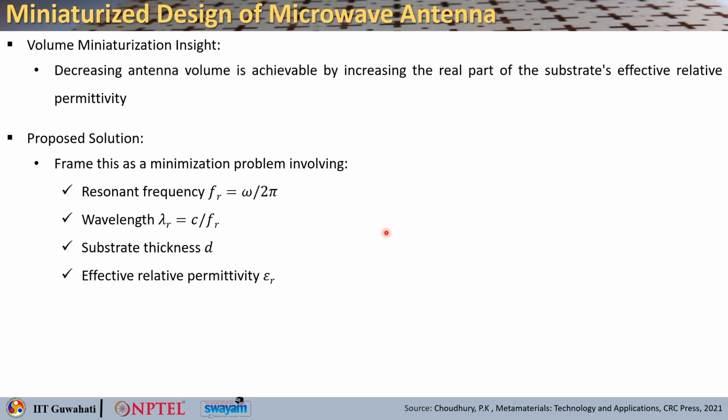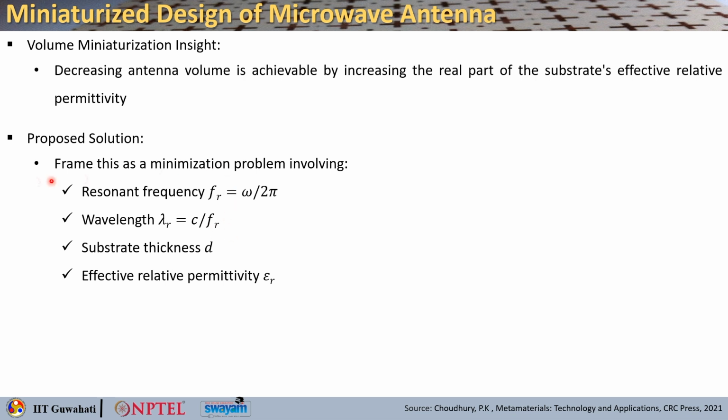So, in order to answer that question, we have to solve the miniaturization problem of volume profile of a rectangular patch antenna with variable parameters. Okay. So, the resonant frequency Fr, that is omega by 2 pi, of the antenna, also gives you its wavelength lambda r, which is given as C by Fr.